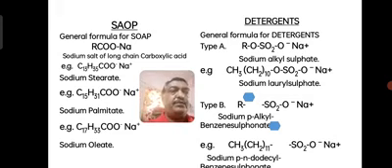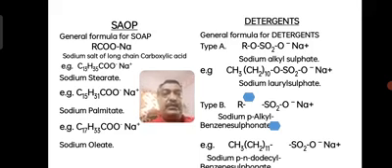Similarly, when you want to define detergents, these are alkyl substituted sulfonates, that is sodium alkyl sulfates or sulfonates. Similarly, another type is R with a benzene ring, SO2O minus Na, that is a sodium salt of benzene sulfonates.